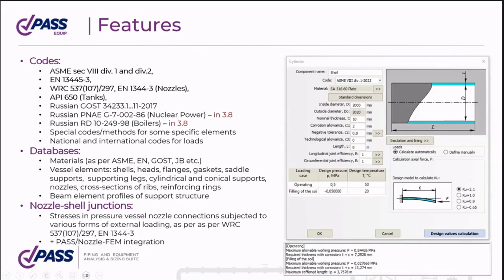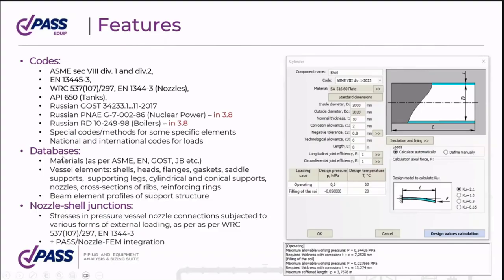But also we use, of course, different national and international codes for different kinds of loads. And for some specific elements, we use special codes or methods which are widely used and became recommended by experts.